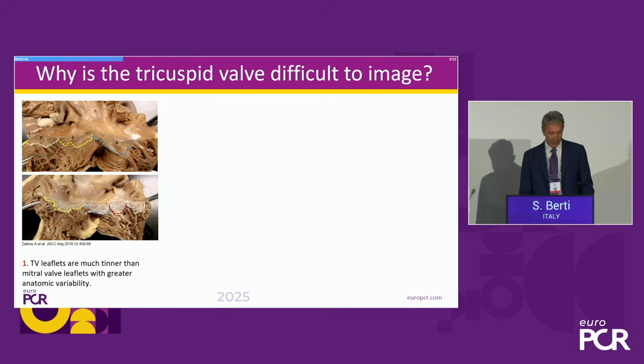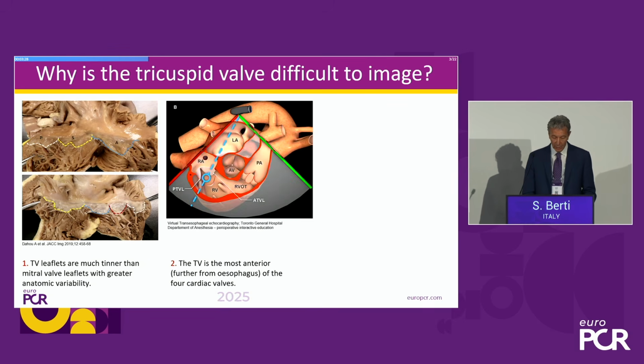As Isabel mentioned at the beginning of this session, imaging the tricuspid valve is challenging for different reasons. First, because the leaflets are thin, the complex apparatus of the valve is extremely difficult to image. Because the position of the tricuspid valve is far from the esophagus, and in the middle between the TE probe and the tricuspid valve, we have the mitral valve.